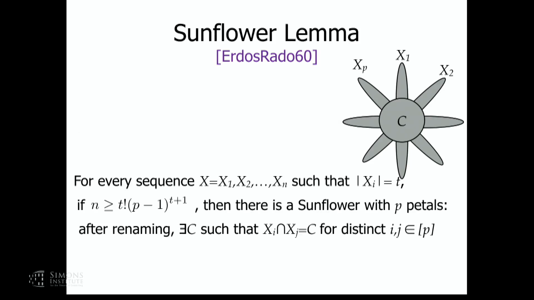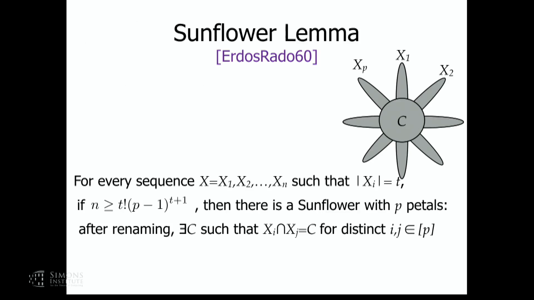By a sunflower, I mean a subset of this collection where pairwise intersections are always the same. And the thing to note here is n is roughly p to the t, where t is the size of each set, and you'll be able to find a sunflower with p petals.